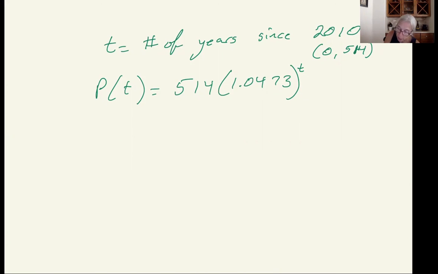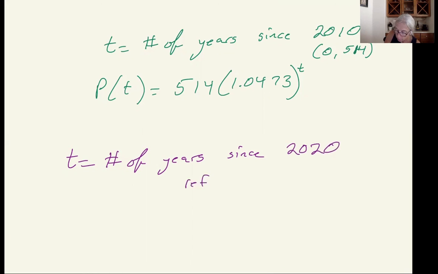What if I changed my t value again? What if I said t was defined as the number of years since 2020? Now my reference point, since I know in 2010 I have 514 deer, my reference point here is, if t is the number of years since 2020, 10 years before that, my reference point is negative 10.